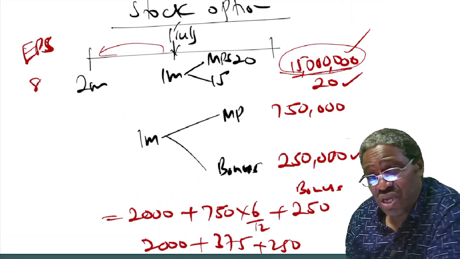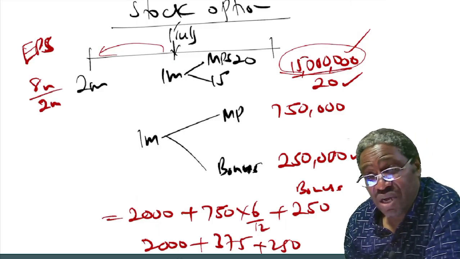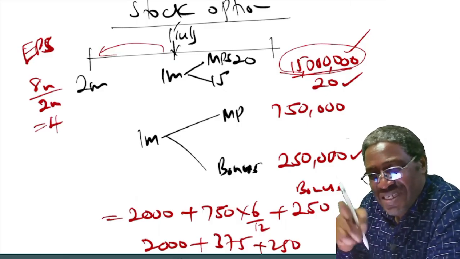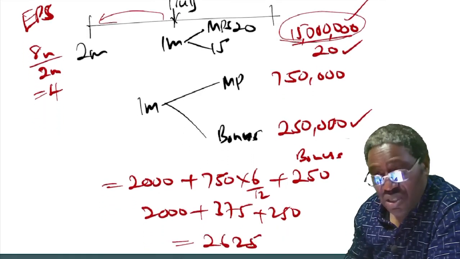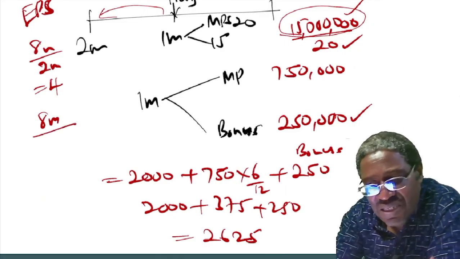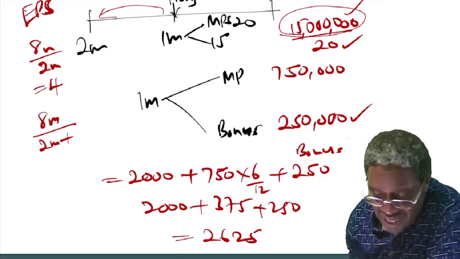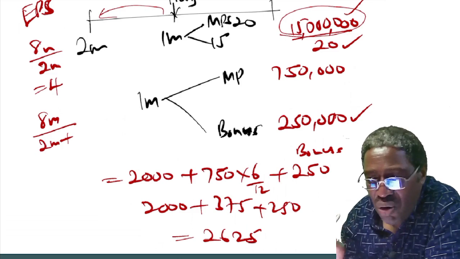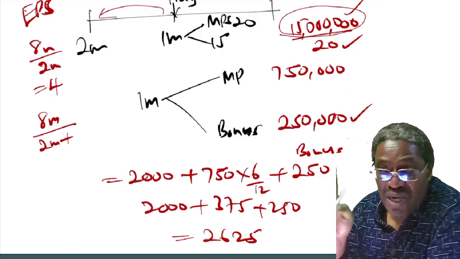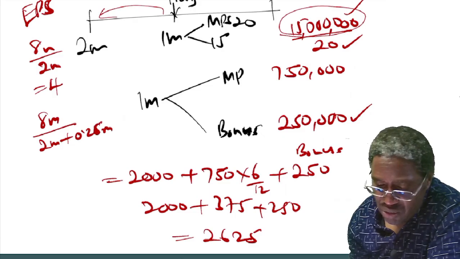I'm again assuming the earnings last year were 8 million. We divided by number of shares last year, 2 million. So the earnings per share last year was 4. But now we must restate it for comparison purposes. How? By dividing the earnings last year, 8 million, by the number of shares last year, which is 2 million, plus the bonus share element in the stock option, which is 0.25 million, which is 250.